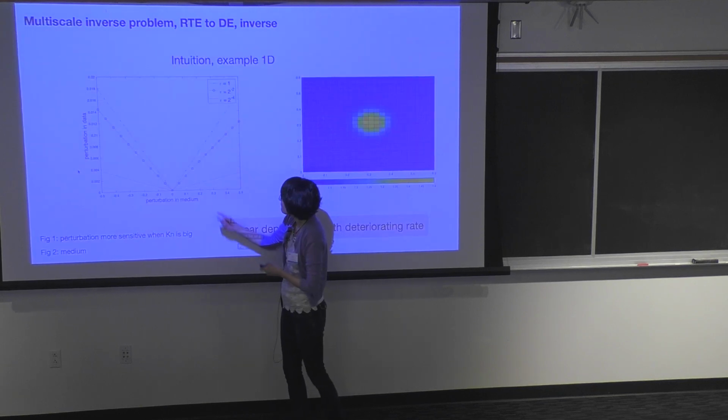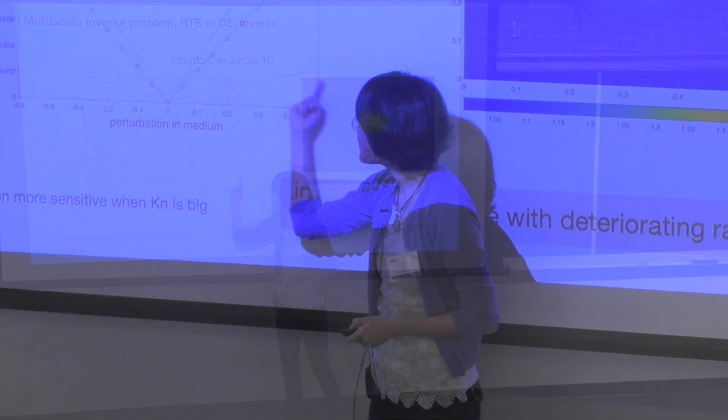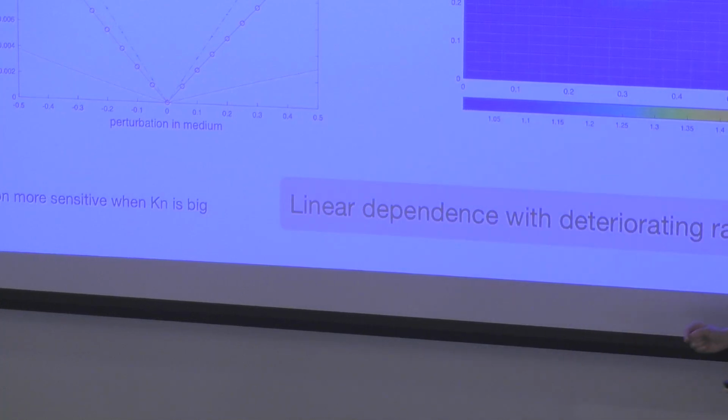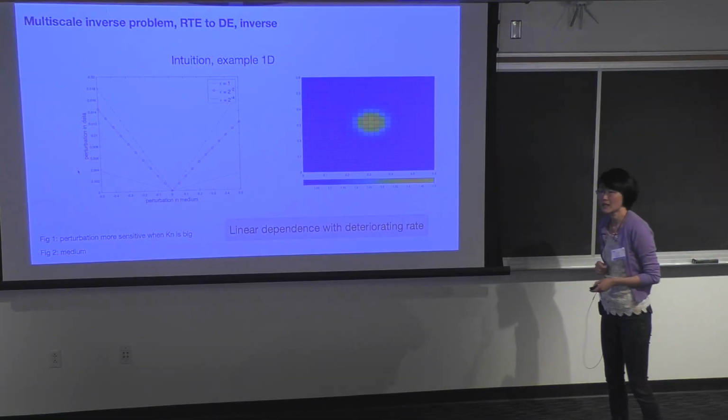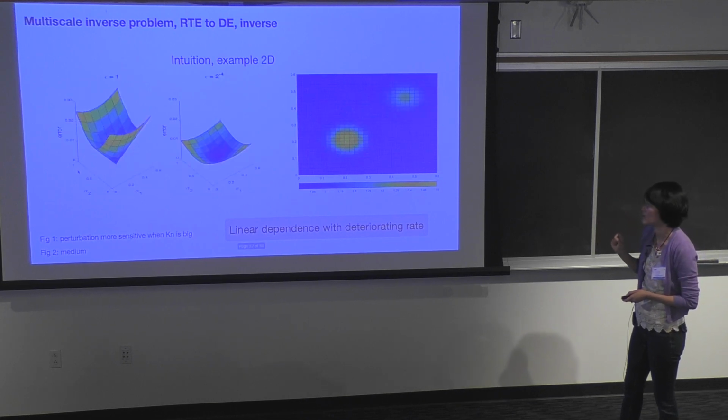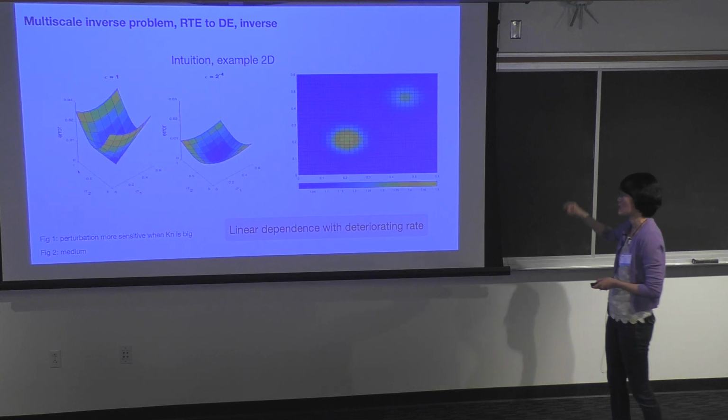If that is the case, you have the Knudsen number being very, very small. You perturb your media by quite a lot, and the data only senses it by a little bit. So we know that this Lipschitz stability should have some kind of dependence on the Knudsen number. The same story happens in 2D as well.